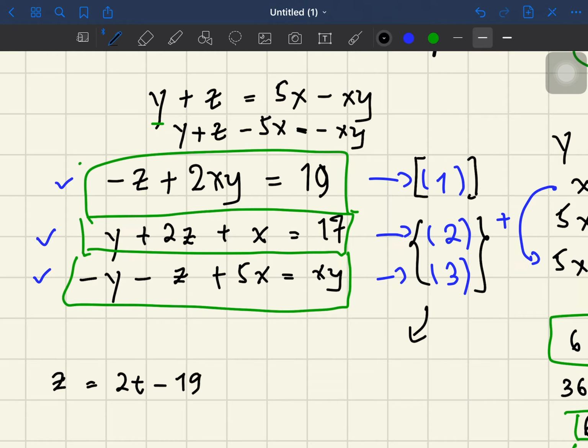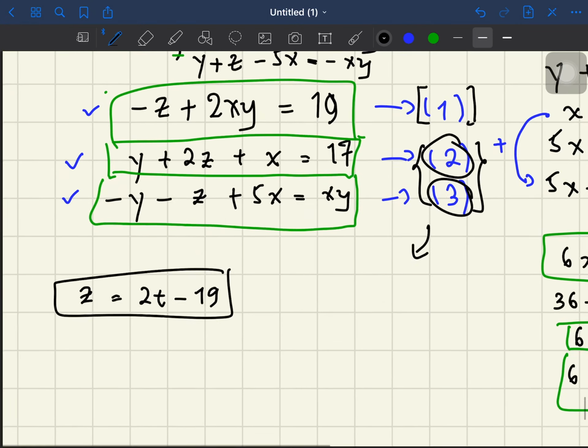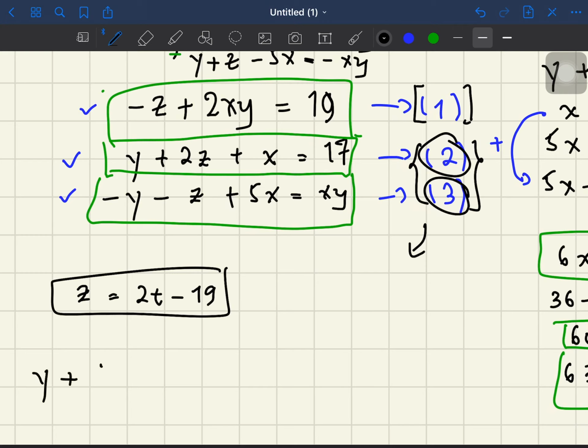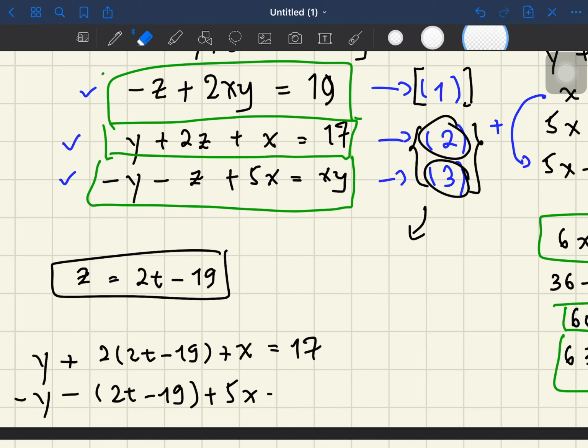You just substitute this into 2 and 3, and hence you will get, for example, y plus 2 times 2t minus 19 plus x equals 17, and then negative y minus 2t minus 19 plus 5x equals xy, which is equivalent to t, which we just parameterized. And then you just solve for x and y in terms of t.